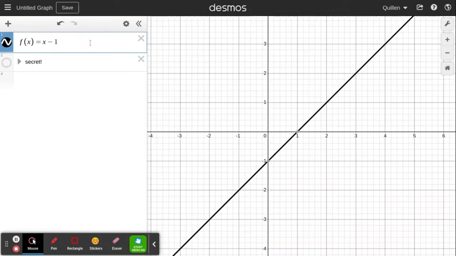And I do suggest that you get used to using the f of x notation instead of the y notation, because it will be really, really important to understand the relationship between f of x and x as we start moving forward. So let's say that we want to find the value of f of x at 2.